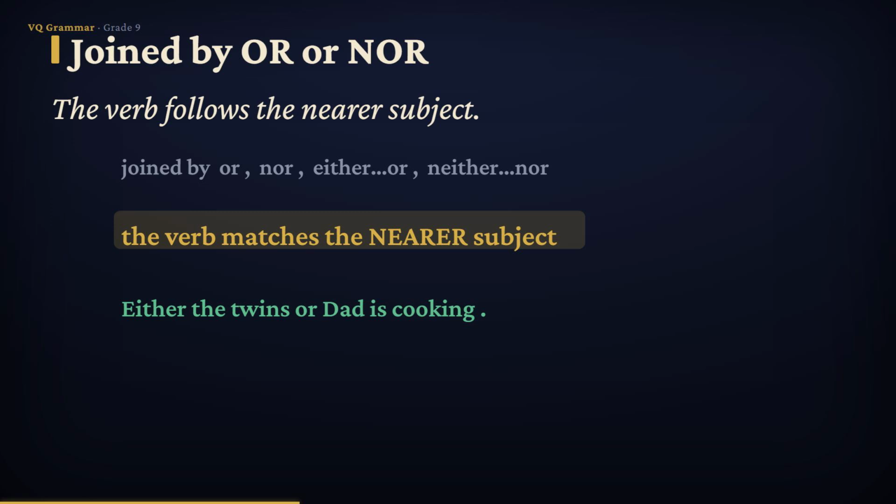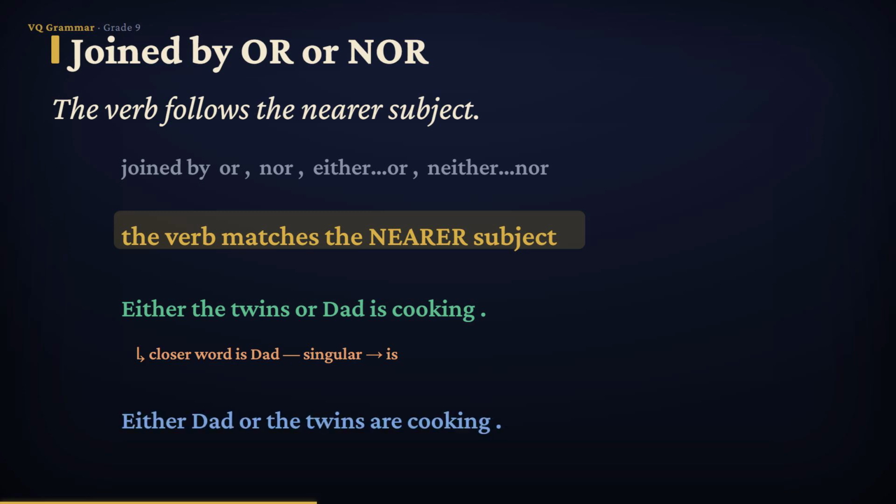The subject closest to the verb is dad, and dad is just one person, so we use the singular is. But now I'll swap the order. Either dad or the twins are cooking. Now, the twins are closest to the verb, and twins is plural, so the verb changes to are. Same two subjects, but the nearer one is in charge.